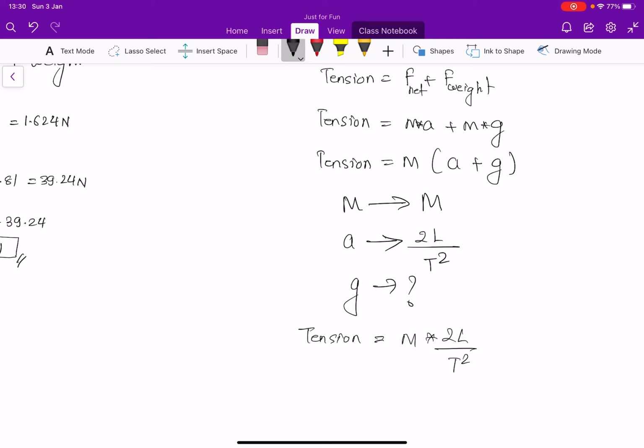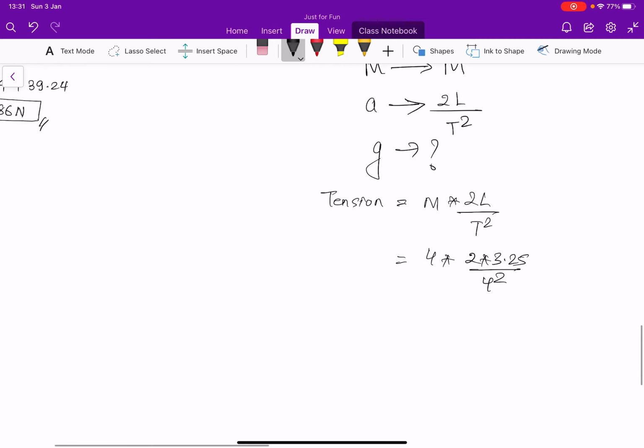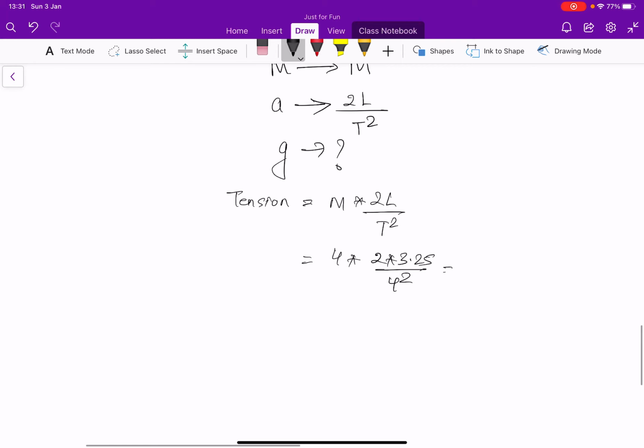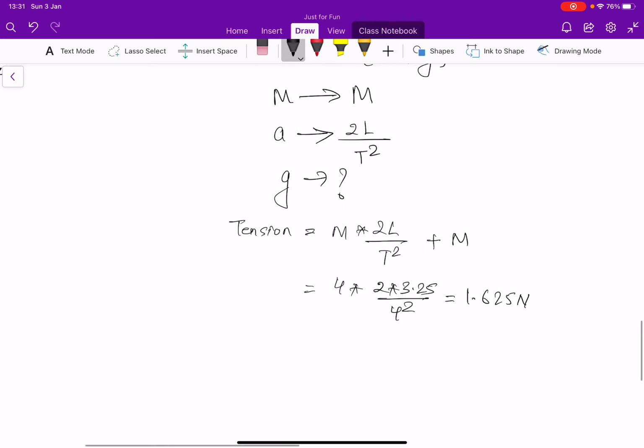Okay, what we're going to get here is basically 4 times 3.25 divided by 4 square, which is going to be 1.265 Newton, plus mass times gravity.